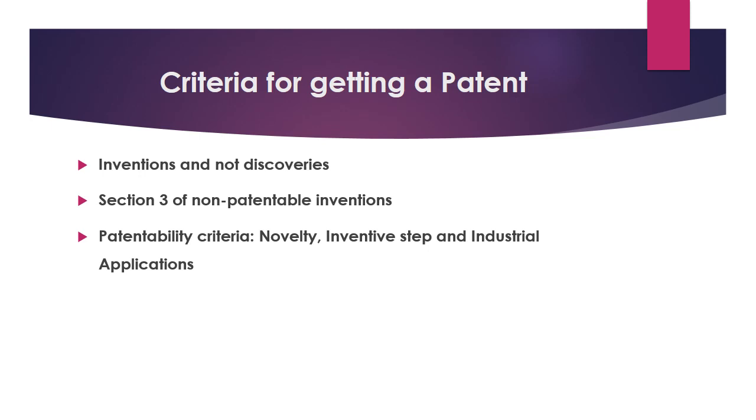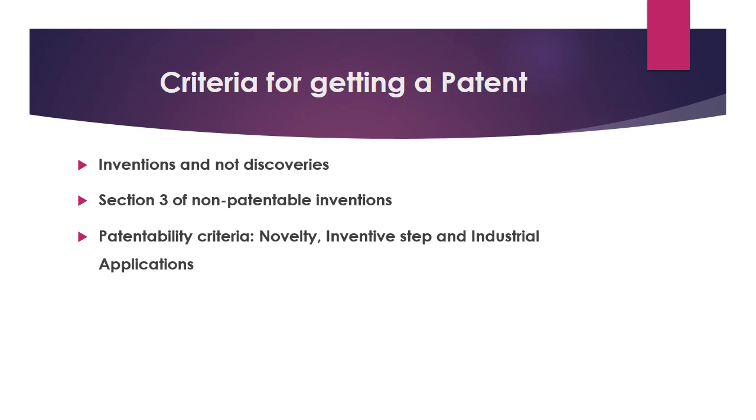If your invention looks very obvious to him, then your invention doesn't have any inventive step. So your invention should look non-obvious to a person who is skilled in your art. That is inventive step. And then next is industrial application.